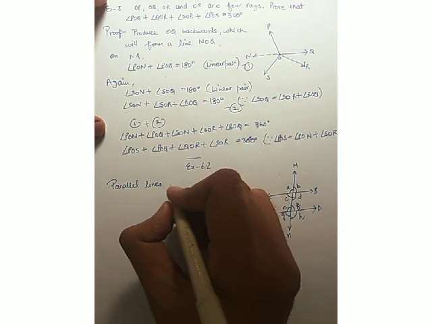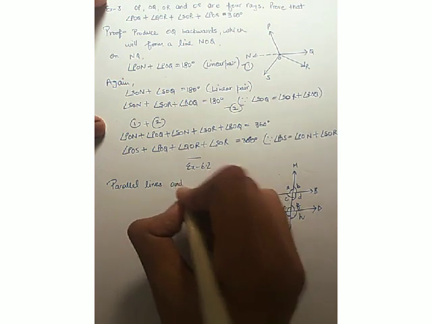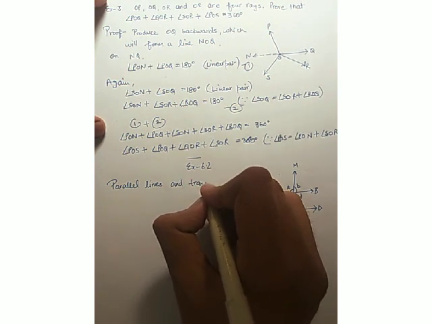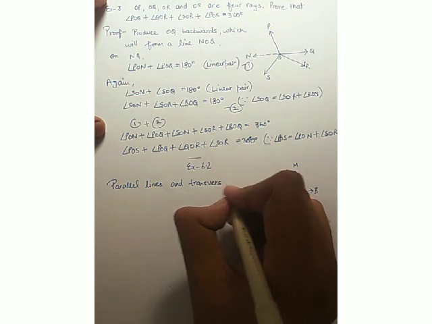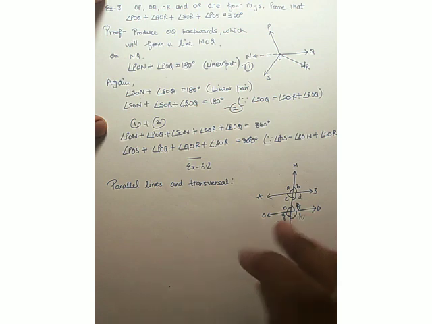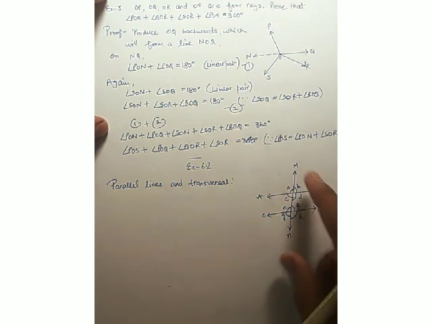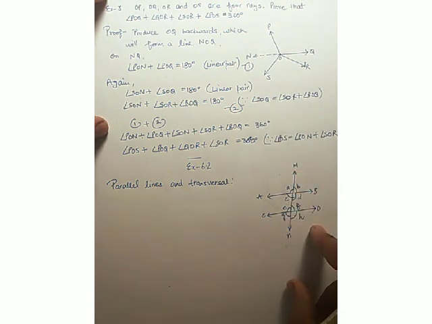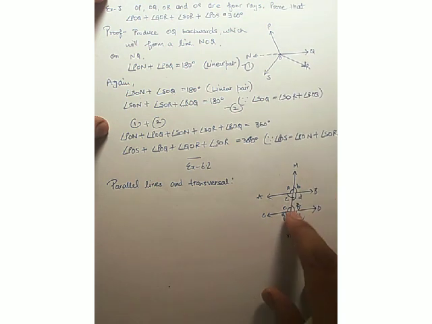And what is a transversal? A transversal is a line segment that is intersecting two parallel lines. Not a line which is intersecting any two lines, only two parallel lines. That line will be known as a transversal.